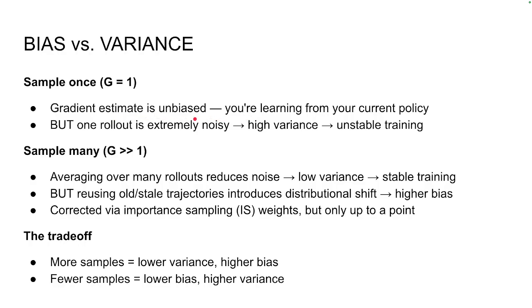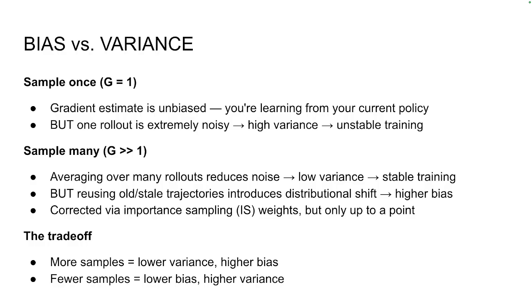But one rollout or a handful of rollouts is very noisy, and it can lead to high variance and unstable training. But there is a trade-off. If you increase the number of rollouts, you are able to reduce the variance, but the weightage for each of those trajectories would reduce, and you might have higher bias.